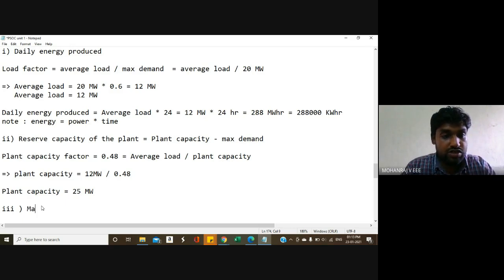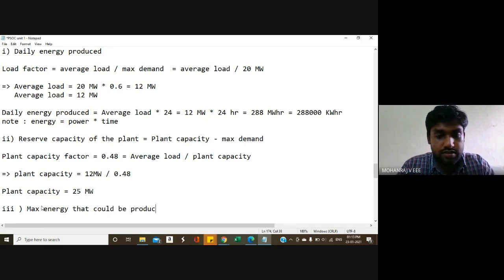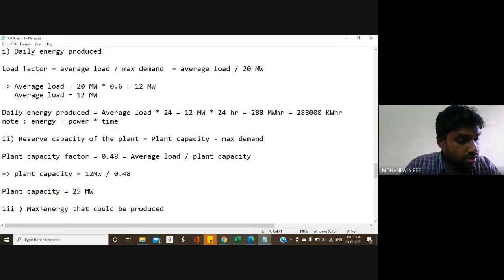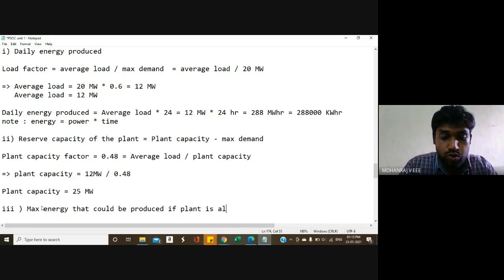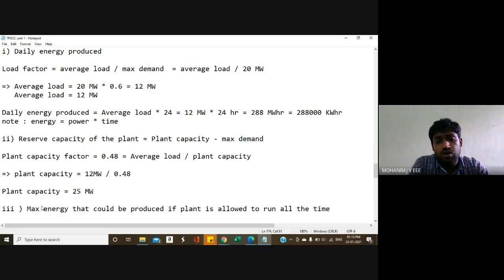So they ask us to find the maximum energy that could be produced if the plant is allowed to run all the time.